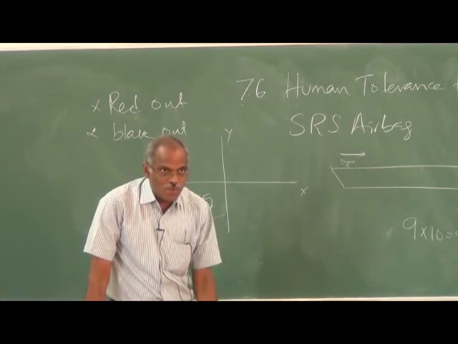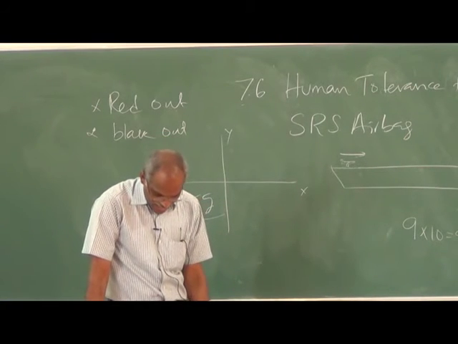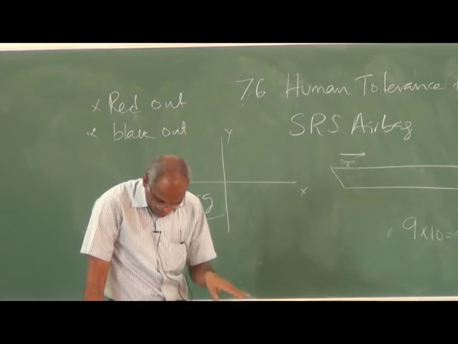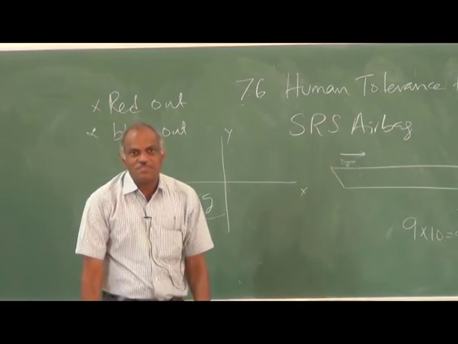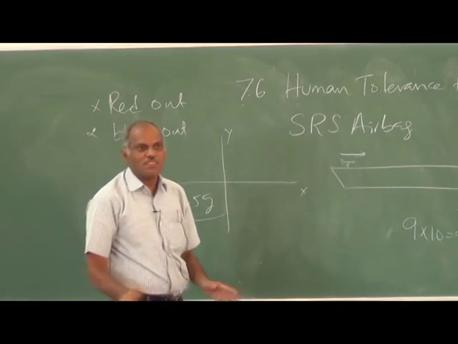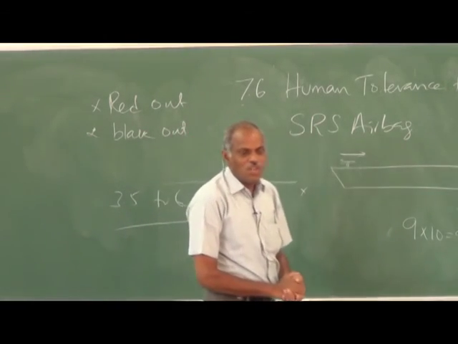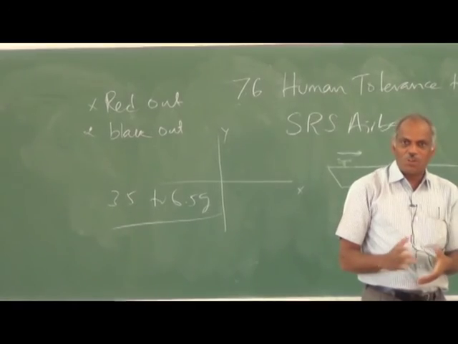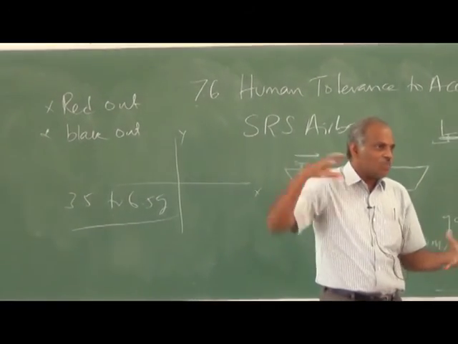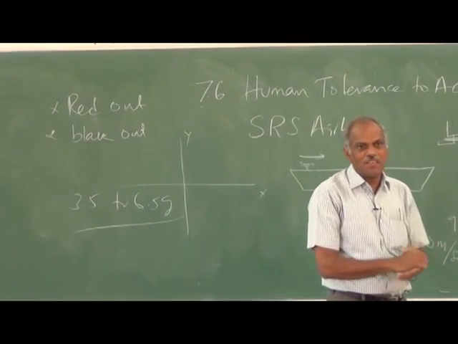Panic stop of an automobile, even if you apply brake suddenly, is 0.7 G. Formula 1 race car, it is 2 G to 4 G. So only in the case of an amusement park, the roller coaster, etc., you will see the maximum acceleration somebody can be subjected to.